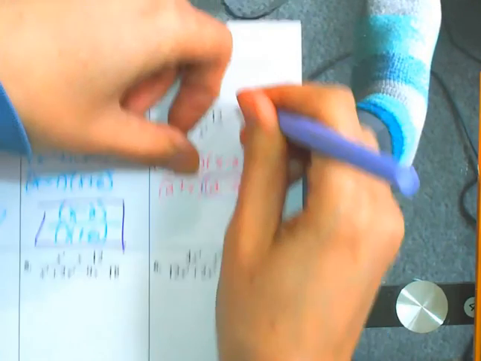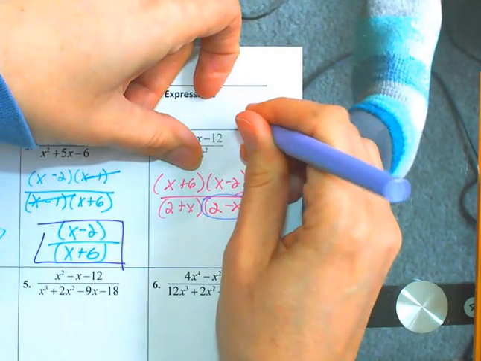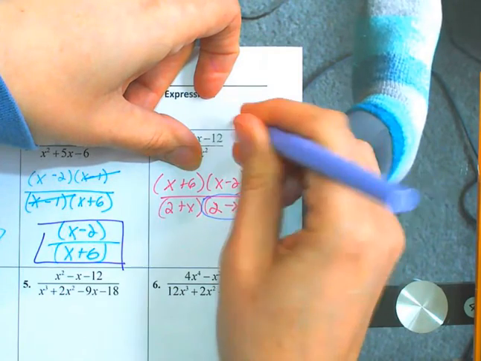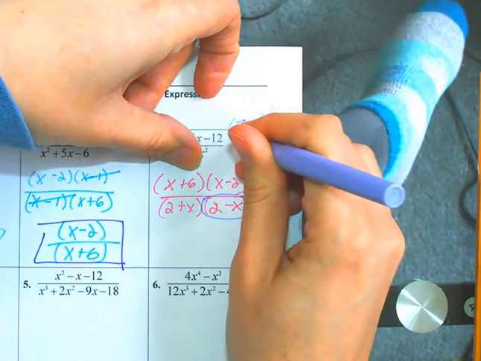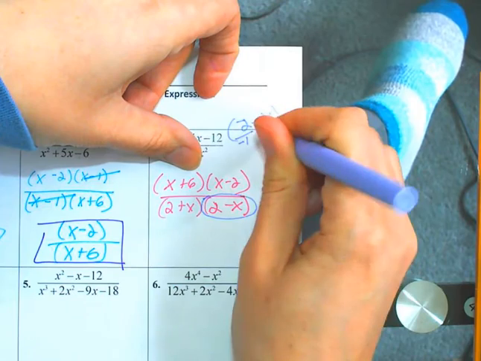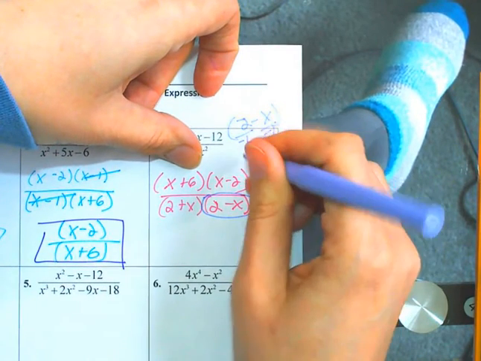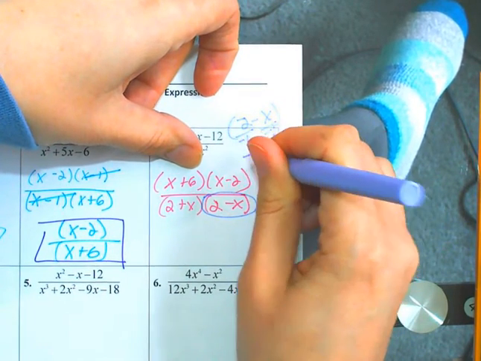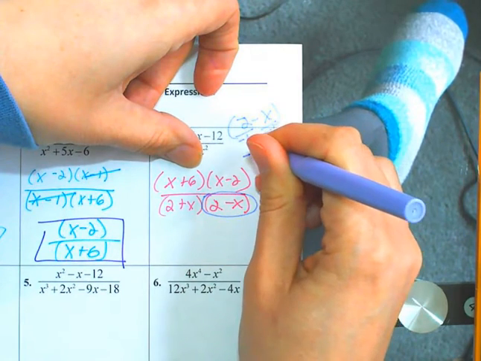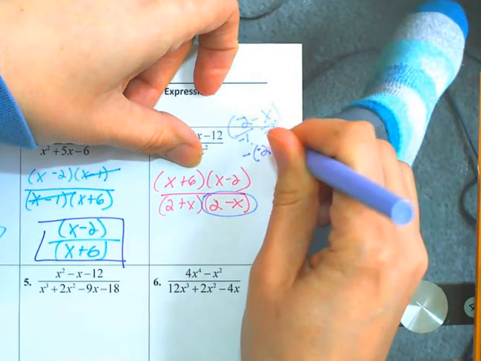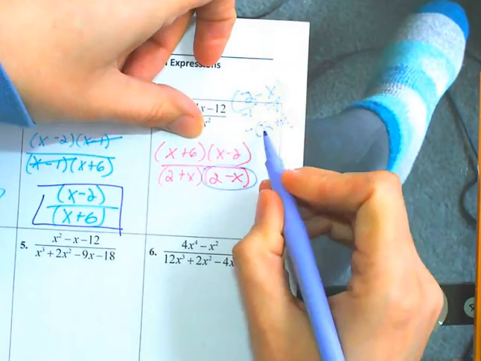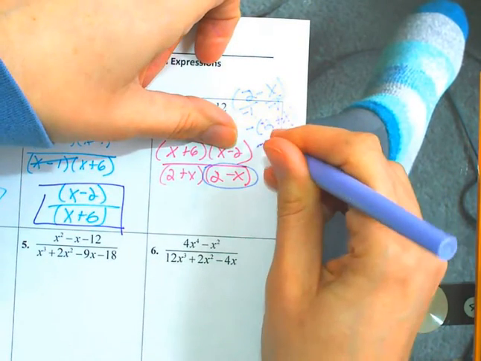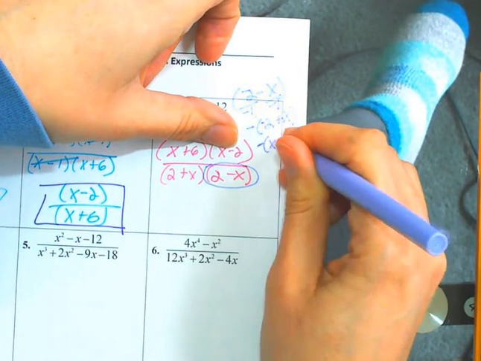I have the 2 minus x as my factor. I can actually factor out a negative 1. If I factor out a negative 1, that's going to give me negative on the outside, negative 2 plus x. Well, negative 2 plus x, keeping the negative on the outside, I can rewrite as x minus 2.